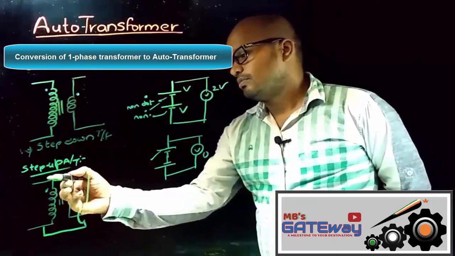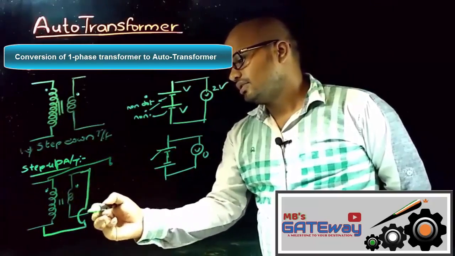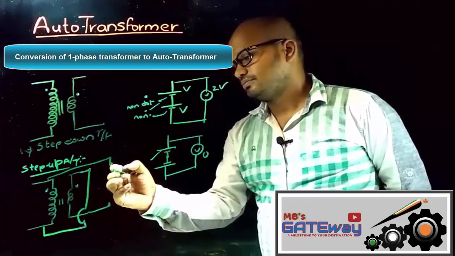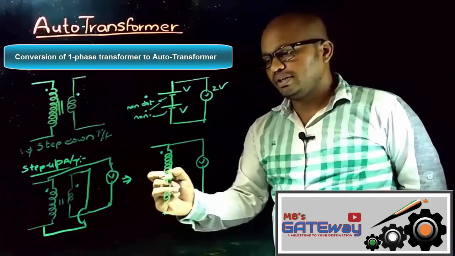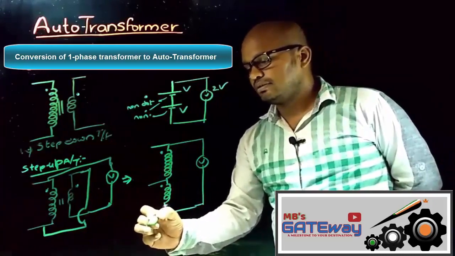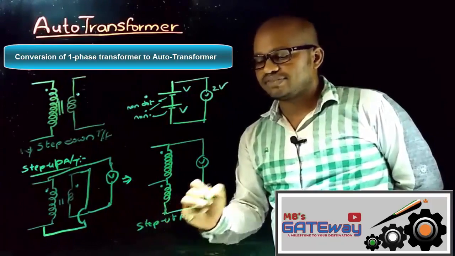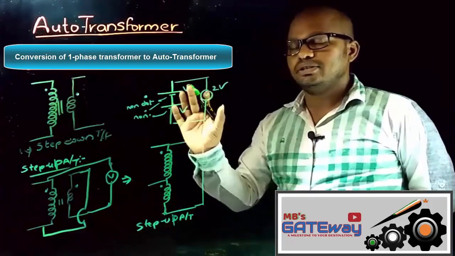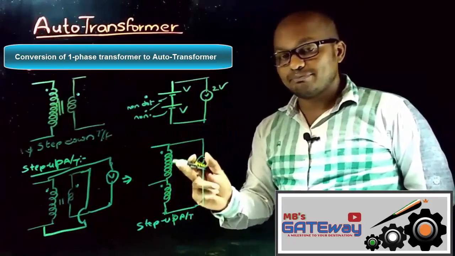So output is taken like this, dot end and non-dot end. This is voltage, and if you rearrange this, this is how it will look, and this is step up autotransformer.